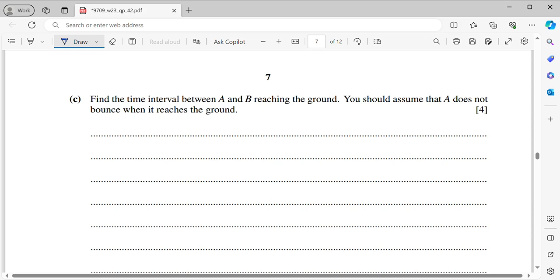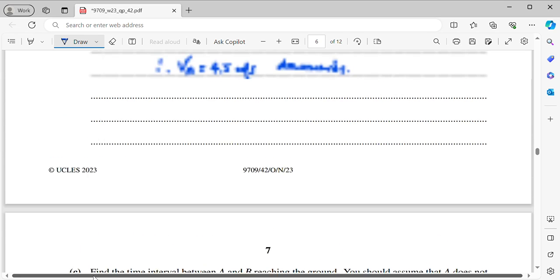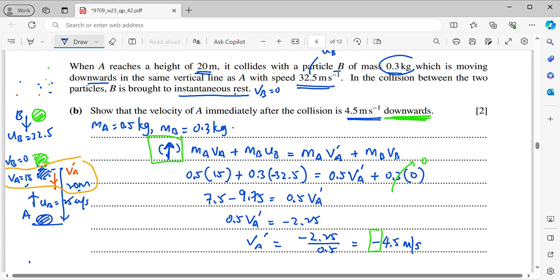Now (c) find the time interval between A and B reaching the ground. You should assume A does not bounce when it reaches the ground. So to get the time interval, I consider downwards for the particle A. So S equals UTA plus half A TA squared. Now I need to find out the time for the particle A to move down, and the time for the B to move down.